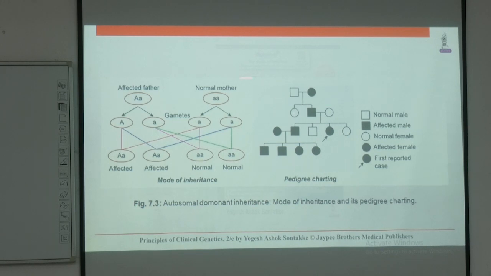So here comes the knowledge of what can be done: we counsel the patient. There are chances of getting healthy babies if we take this particular A out of this. We cannot just take the gene out from the father, so rather we can replace it with a healthy sperm.